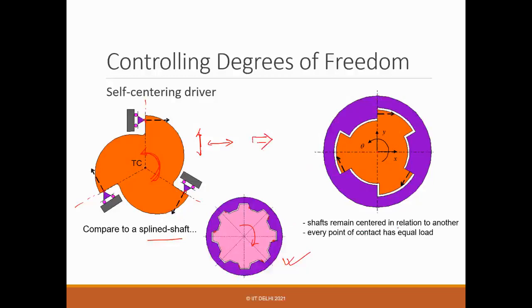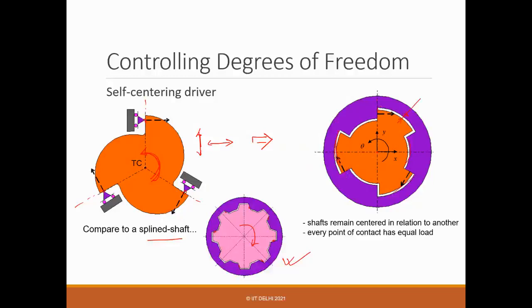So shafts remain centered in relation to one another. If there is any deviation at this point, it will be fixed. So by properly adjusting these surfaces, you will be able to center it all the time. Though you see a lot of clearance here, it's still centered because of these surfaces, not because of this cylindrical surface. Many people think it's because of the cylindrical surface, but that's not true.